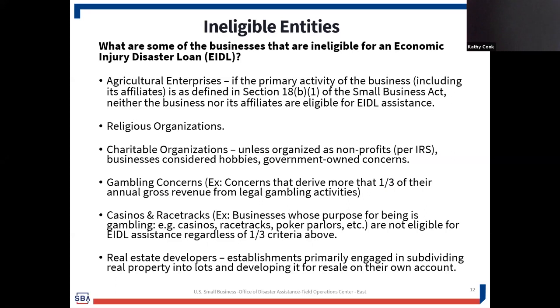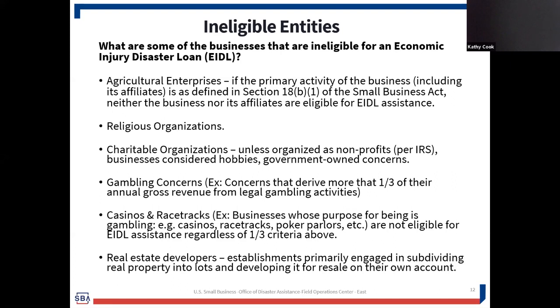Religious organizations are not eligible for economic injury disaster loans. If we had a tornado, they will be eligible for repair costs, but this is not that situation. So for the economic injury, churches, parochial schools, any other type of religious organization is not eligible.